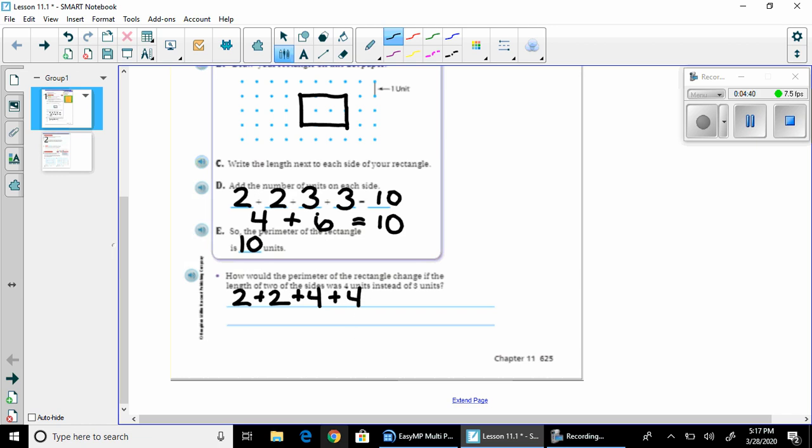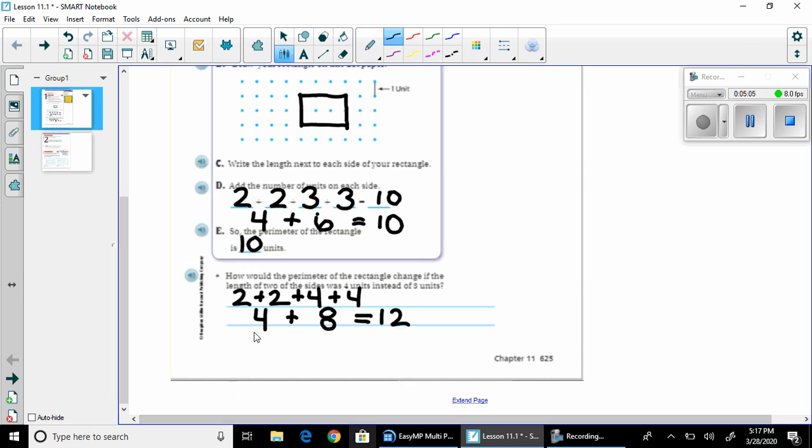Now I'm going to re-add those and see what I come up with. Again, 2 and 2 is 4. My other 2 numbers, 4 and 4, we know our doubles, is 8. Adding all of my sides together this time, I would get 4 plus 8, which is 12.